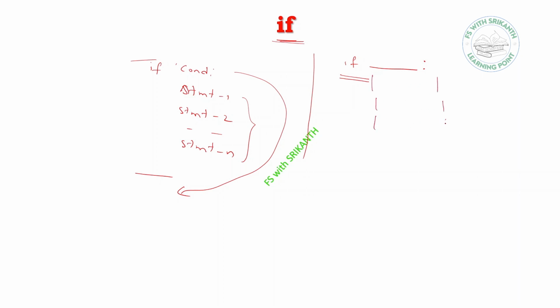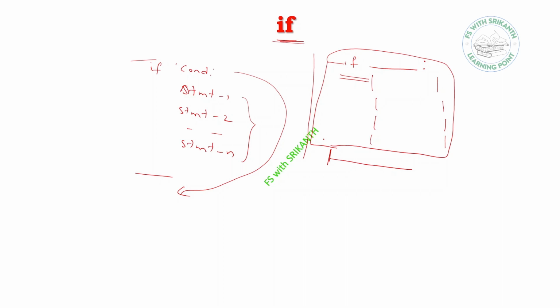When you want to stop, you close your if block and start from here. Your printable statement starts from here, which means the Python virtual machine considers the if block only up to here.